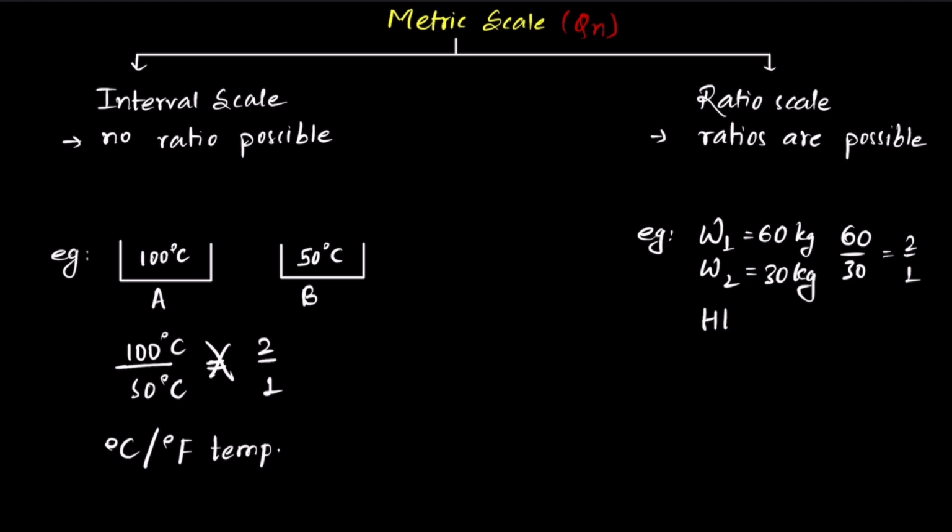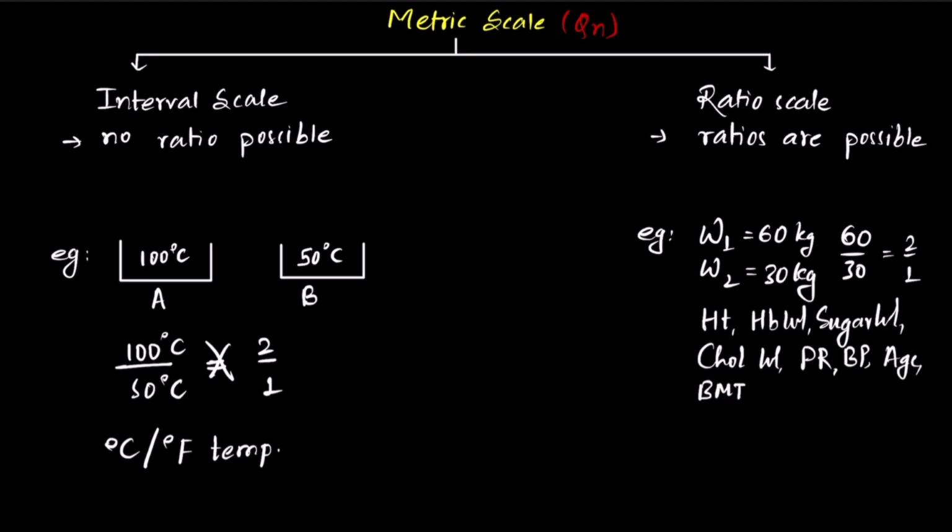Other examples would include height, hemoglobin level, sugar level, cholesterol level, pulse rate, blood pressure, age, body mass index, and mid arm circumference.